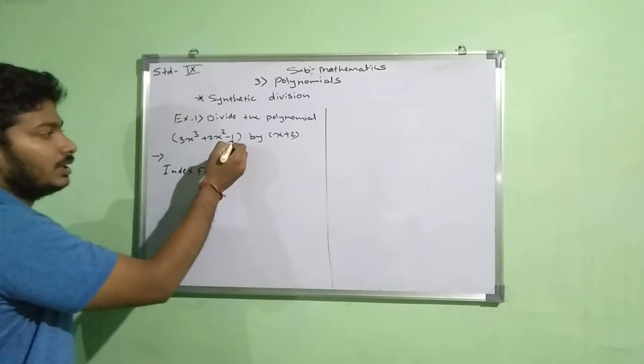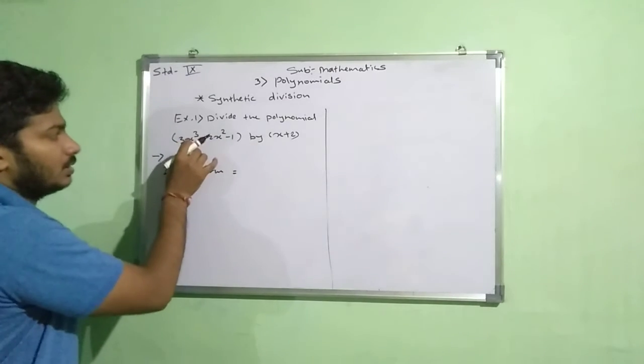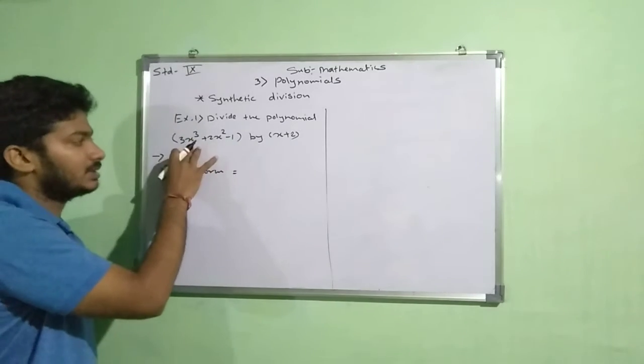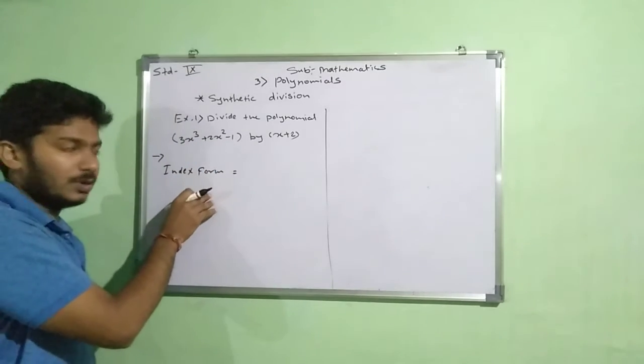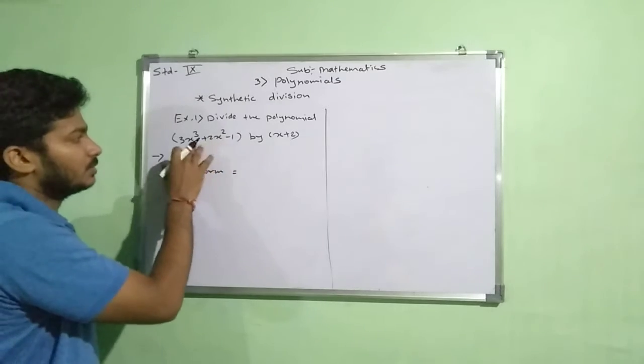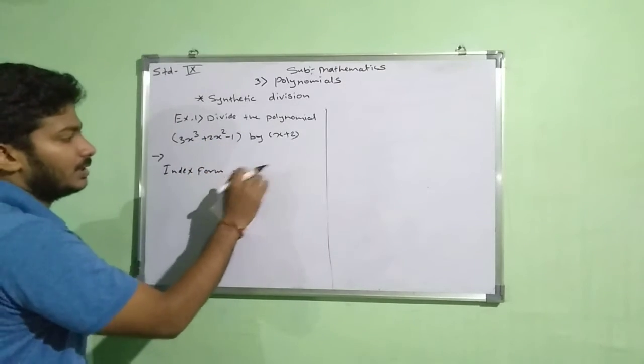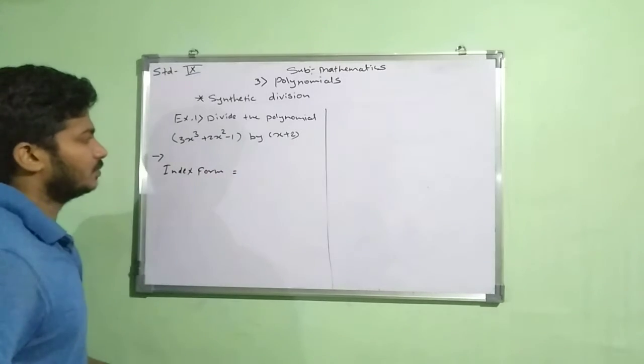That means we need 4 terms. If the degree of any polynomial is 3, then in its index form we need to write 4 terms. But here we have 3 terms only, so one term is missing. We will write that missing term in the index form.